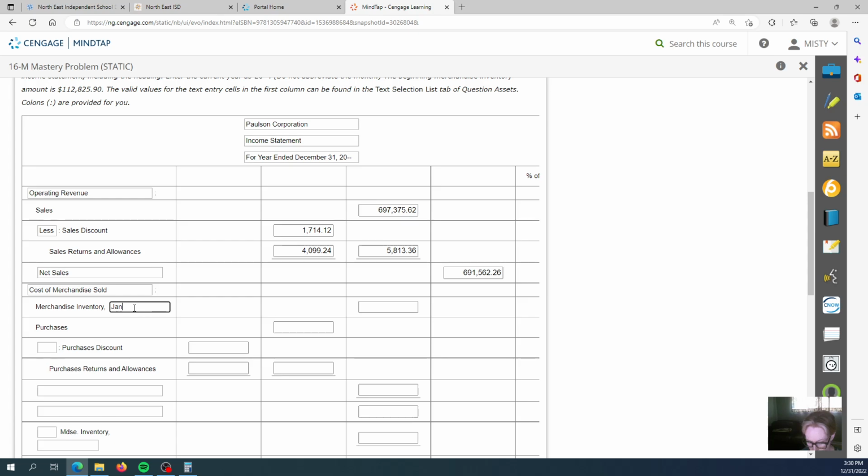So we'll put January 1st, 20 dash. Okay, good. Likes that one. Merchandise inventory, if we look up here, it says that we started off with 112,825.90. So we're going to put that in.